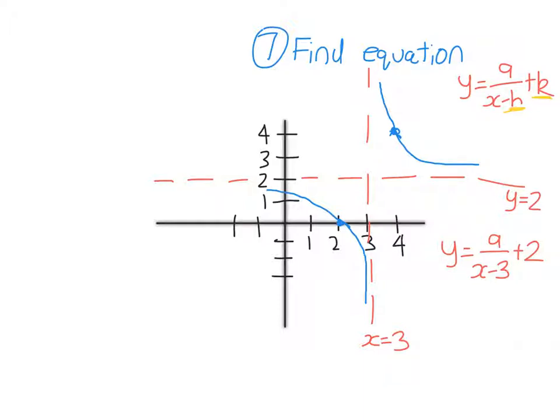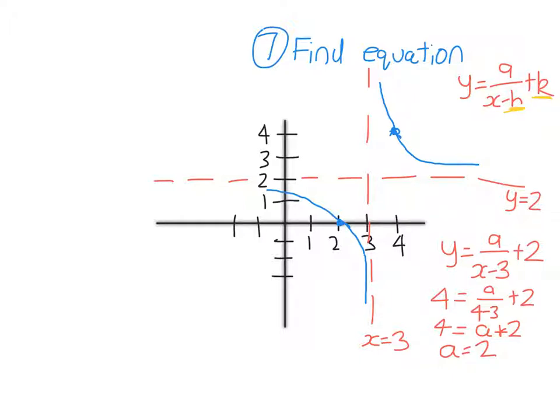So I'm going to substitute x equals 4, y equals 4 into this equation so I can rearrange and find the value of a. So substituting in the point (4, 4), I get this really easy equation to solve. It's easy because 4 minus 3 is just 1. So I am just left with 4 equals a over 1, which is just a, plus 2, and therefore a is equal to 2. Note, I would have got the same answer had I used this point here.